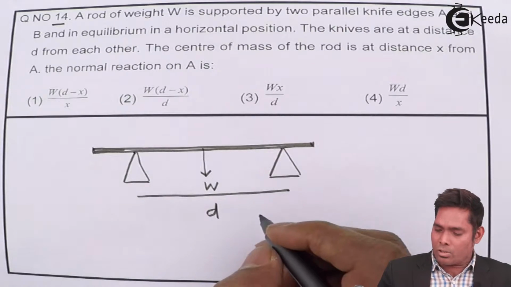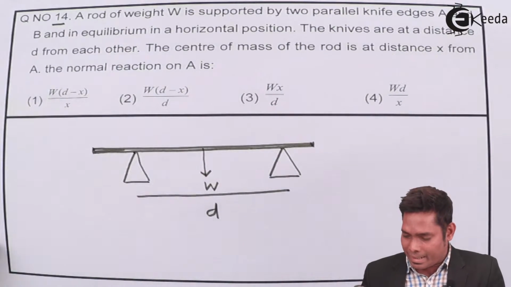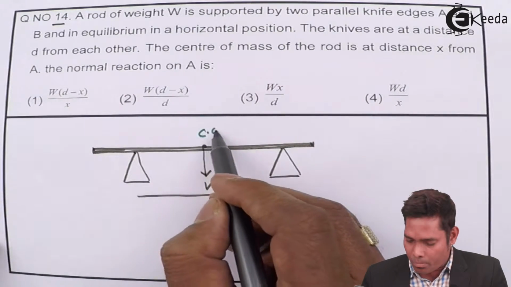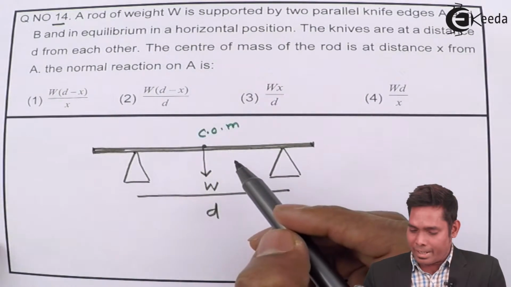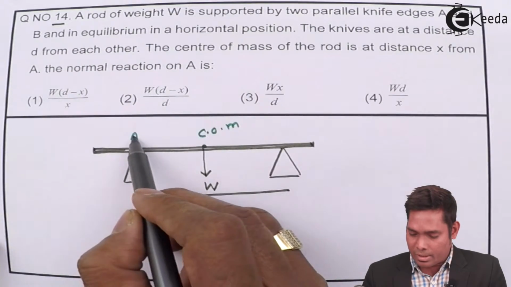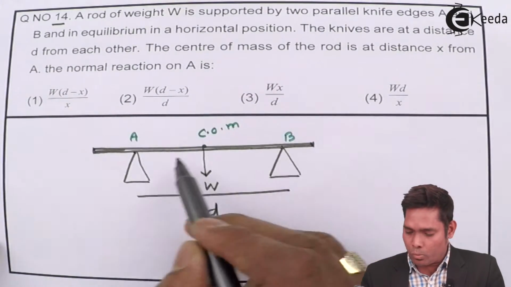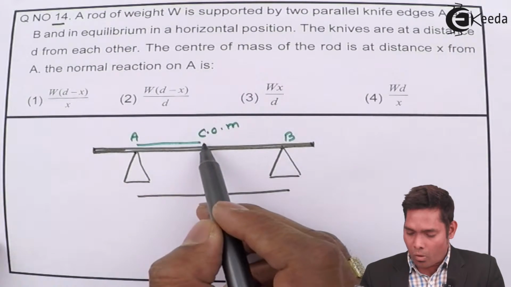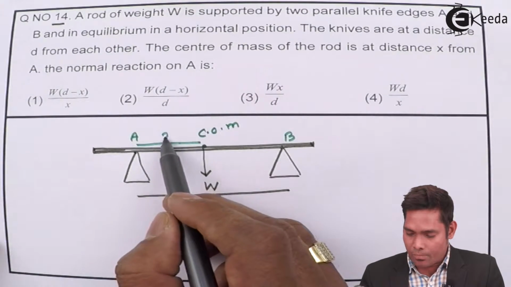The center of mass of the rod is at a distance x from A. If I consider this as A and this as B, the two knife edges, then from A the center of mass of this rod is at a distance x.